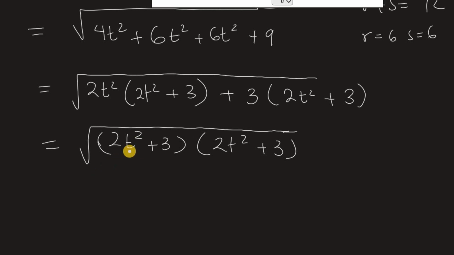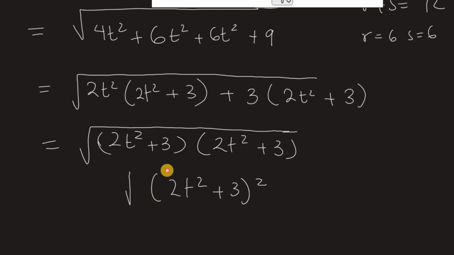Okay, so now we have these two terms. So suppose this is like x and this is x as well. So what is x times x? That's x squared, right? So just like that. So 2t squared plus 3 times 2t squared plus 3. So it's like multiplying by itself, which is same as 2t squared plus 3 squared.